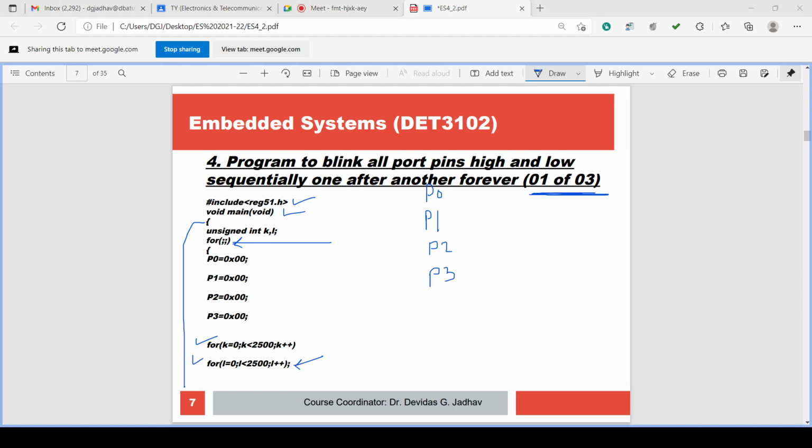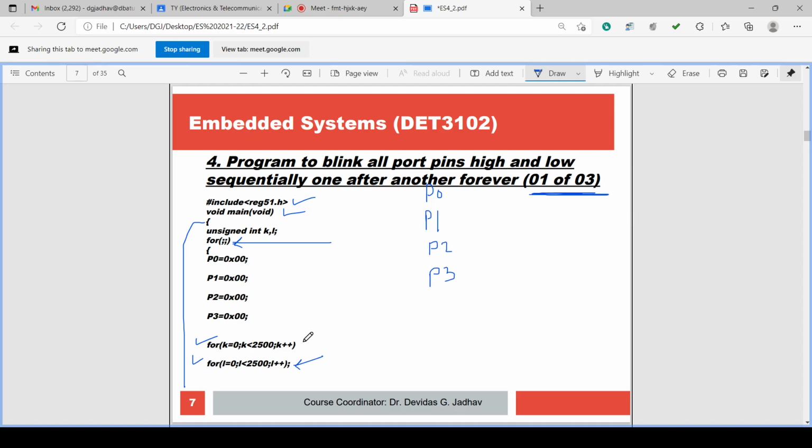So what is the difference in these two? One for loop has no semicolon. The next for loop has a semicolon written there. If a semicolon is present, that means the for loop is not connected to the next instruction.